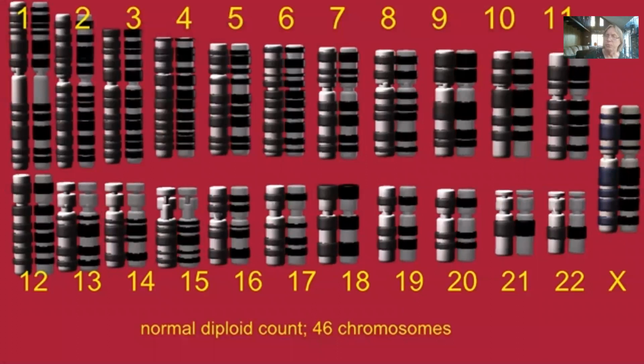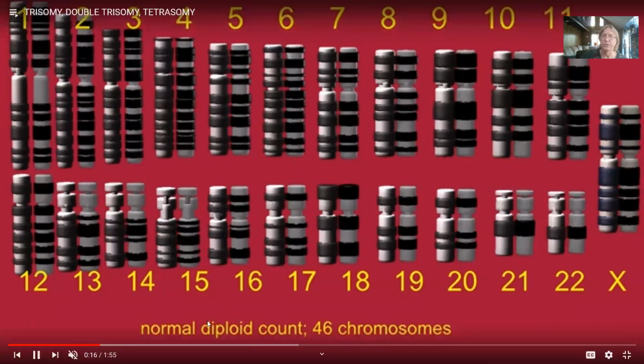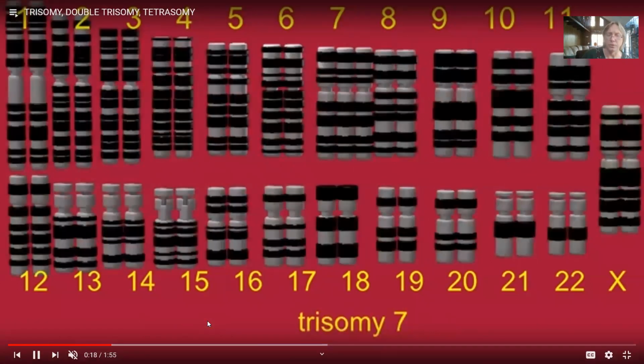You could have an abnormal chromosome count because there might be a few extra chromosomes. These are also aneuploidy because it doesn't affect the entire set. That would be a polyploidy. So aneuploidies can include a trisomy, where there would then be 3 copies of a single chromosome. So notice here that there are 3 copies of chromosome 7. This would be known as a trisomy 7.